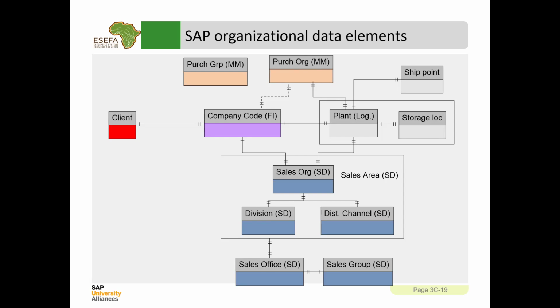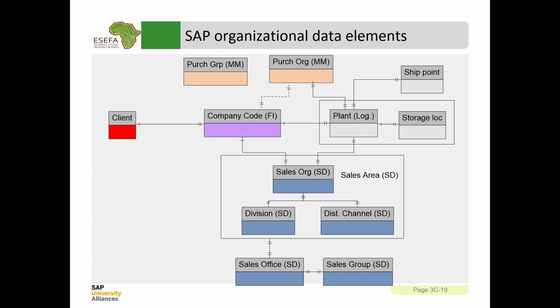Now, you notice something, that there are lines connecting each of these data or each of these modules. So that shows there is a relationship. So there's a relationship between sales group and the plant. There's a relationship between the sales group and the company code.